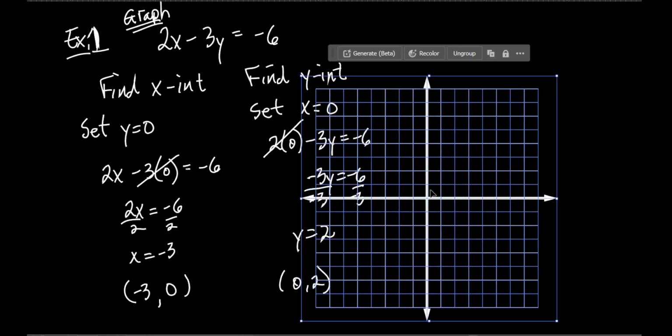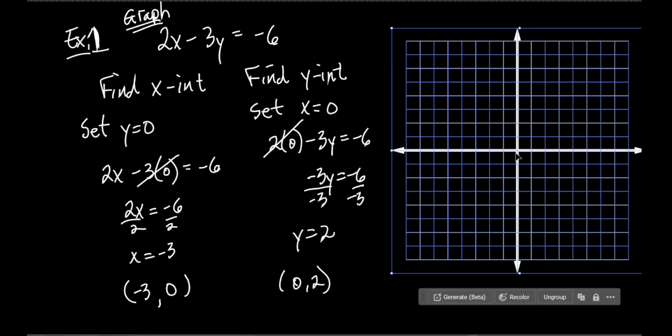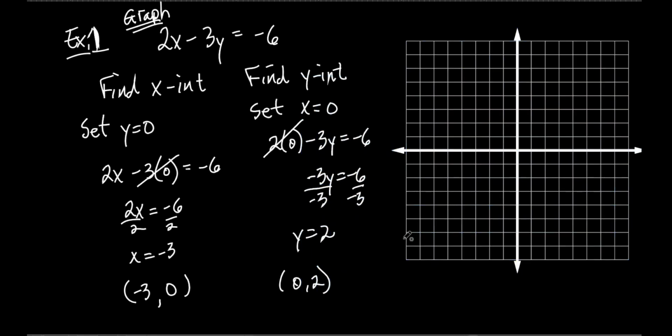All right, so let's put some color in here. We never use this orange color. Why don't I ever use that? All right, so all we got to do is graph the 2 points and connect the 2 points, and we're done. That's as easy as it is to graph that thing right there.